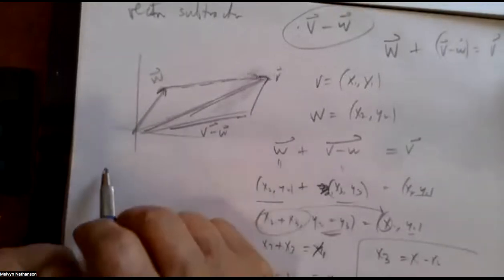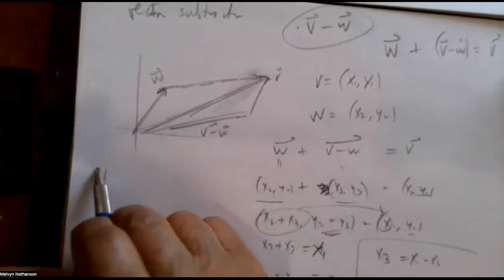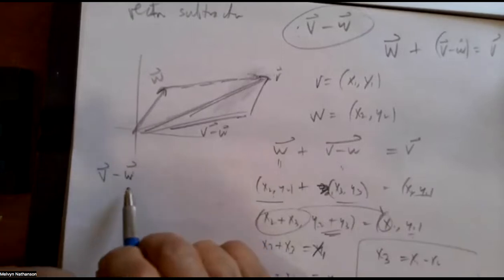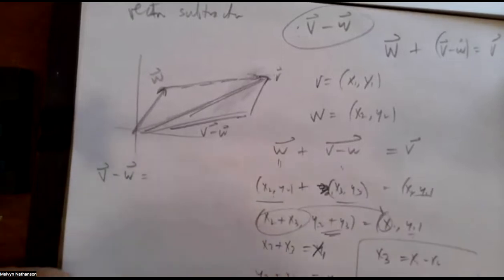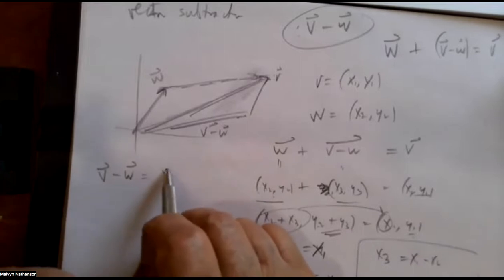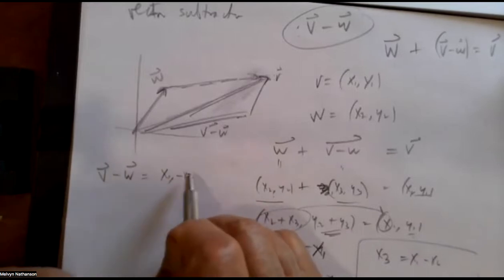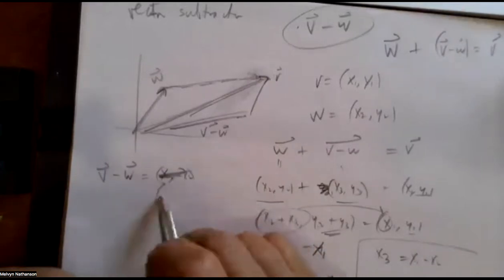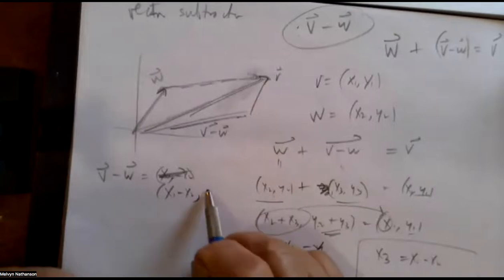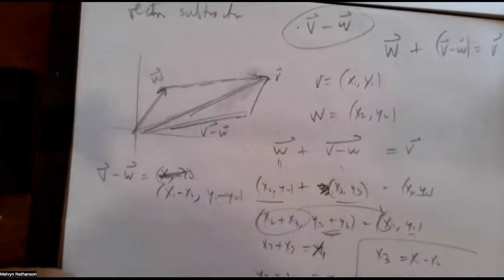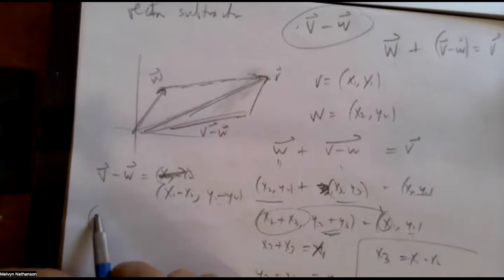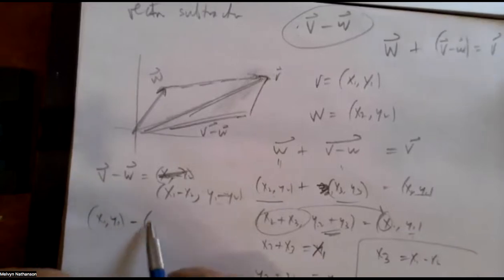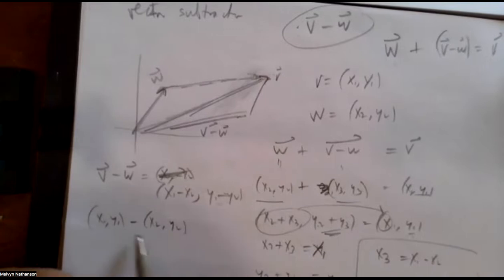So what we're saying is, if you take the vector V minus W, that's going to have coordinates (x1 minus x2, y1 minus y2). That is (x1, y1) minus (x2, y2). When you take two vectors and you subtract them, you're just subtracting the coordinates.